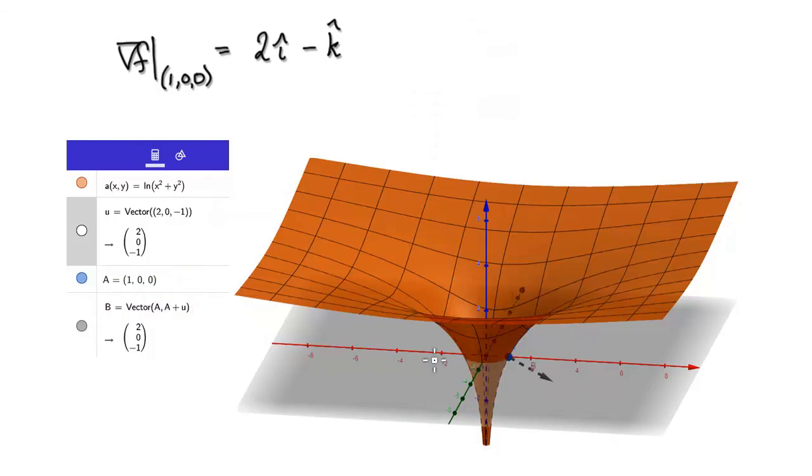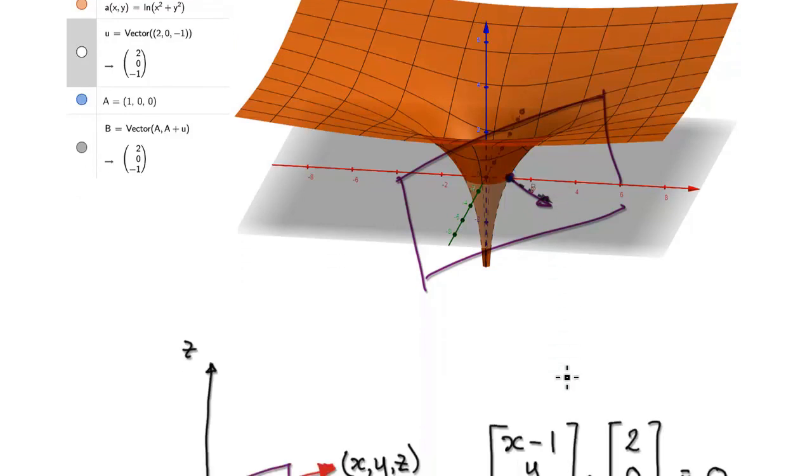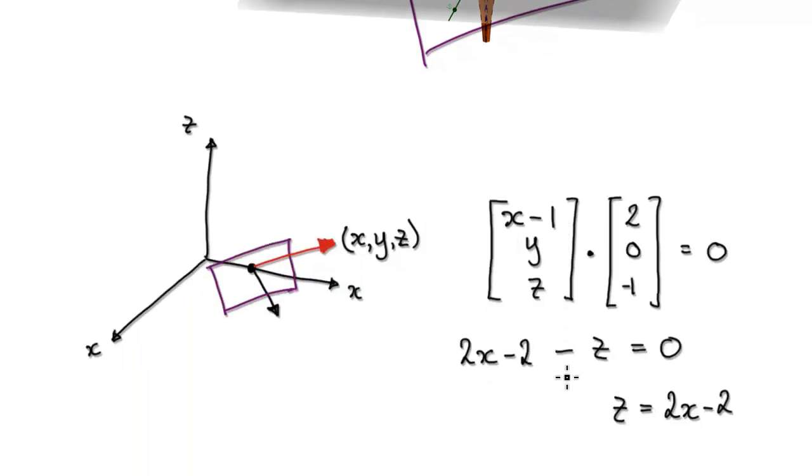So we need to somehow come up with the equation for the tangent plane. Now that we know grad f, remember the plane is always at 90 degrees to grad f. So going back to here, we know grad f is this. To describe the plane, what is this red vector here? This red vector here is given by this, because I'm expecting you to know this by now.